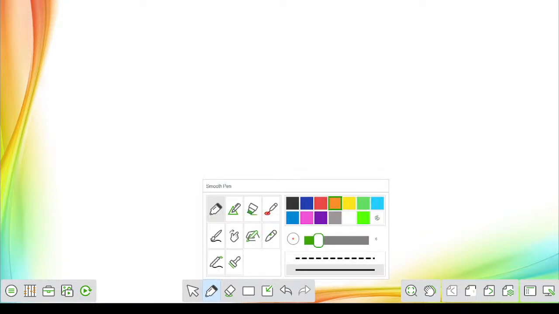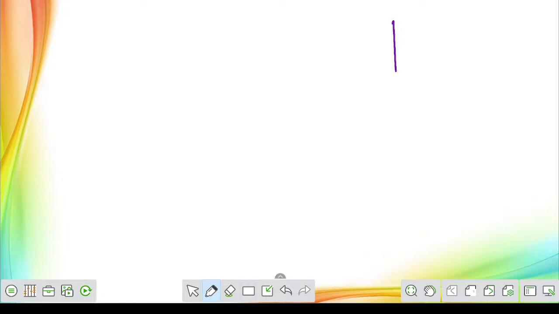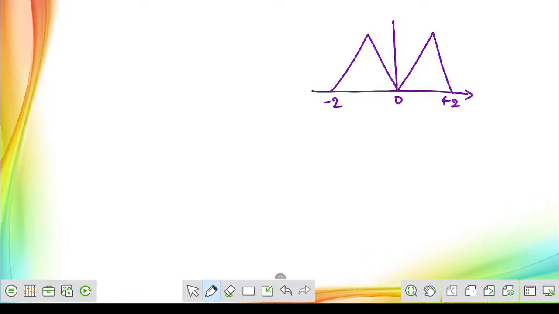Now, let us take some questions. For example, there is one more signal given. It is given in the time domain, running from -t to +t, with values -2, 0, +2, and let's take this as 10 and this also as 10.